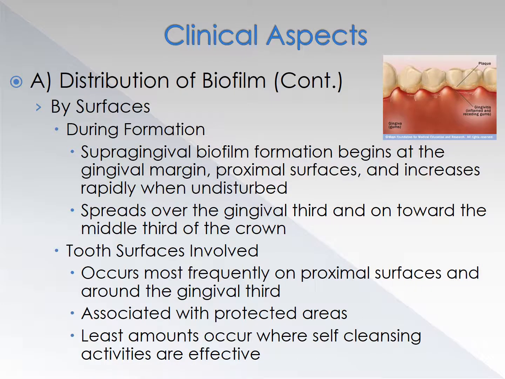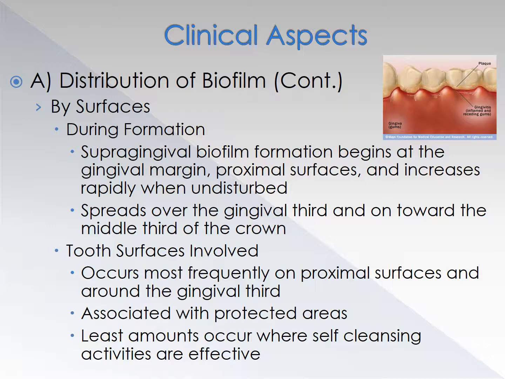Okay, so the distribution of biofilm by surfaces during formation: the supragingival biofilm formation begins at the gingival margin and in the proximal surfaces, and then it increases rapidly when it's left undisturbed. So it spreads over the gingival third and on towards the middle third of the crown.